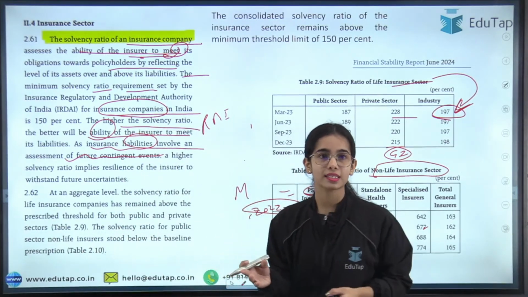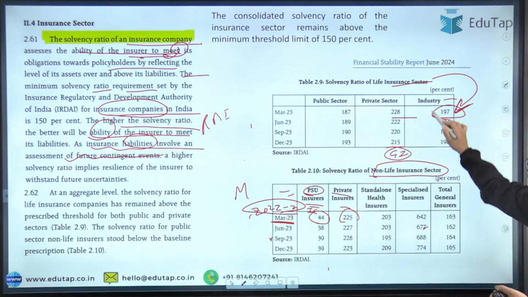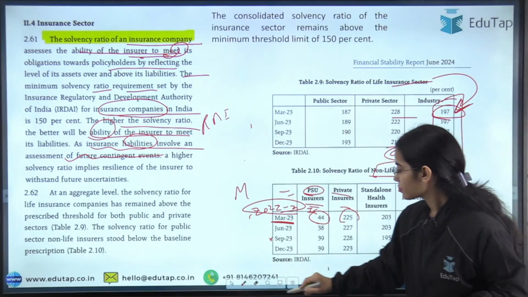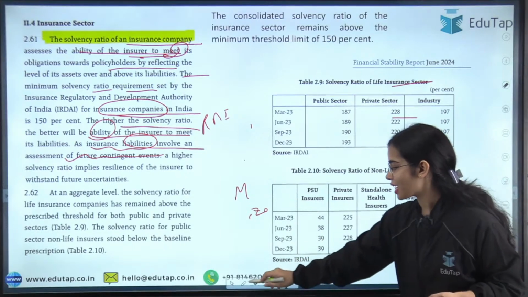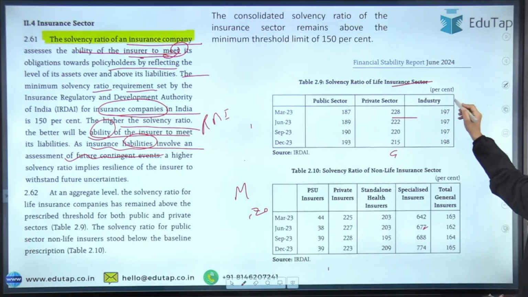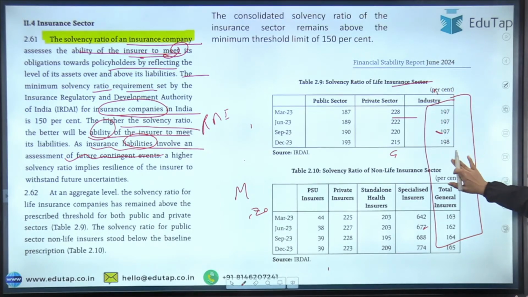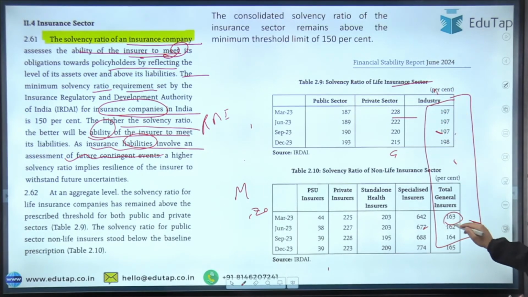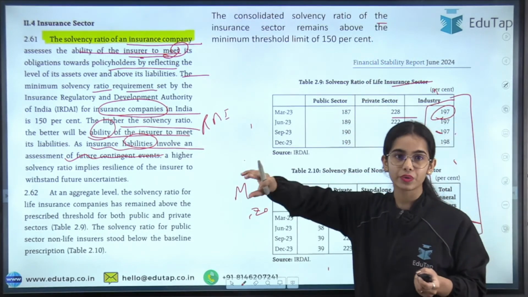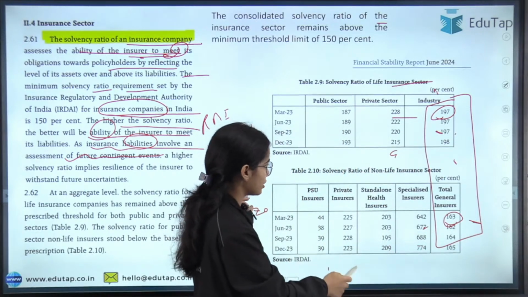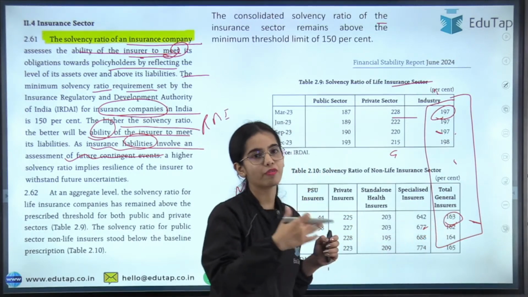Any confusion anyone has in this? So if we see the consolidated industry-wise data as per the RBI, for life insurance and for non-life insurance, the consolidated solvency ratio for 2022-23, you can understand that the solvency margin was above 150%.